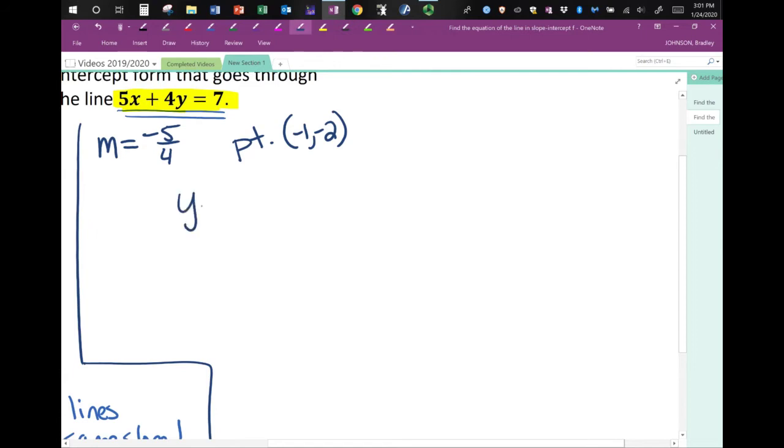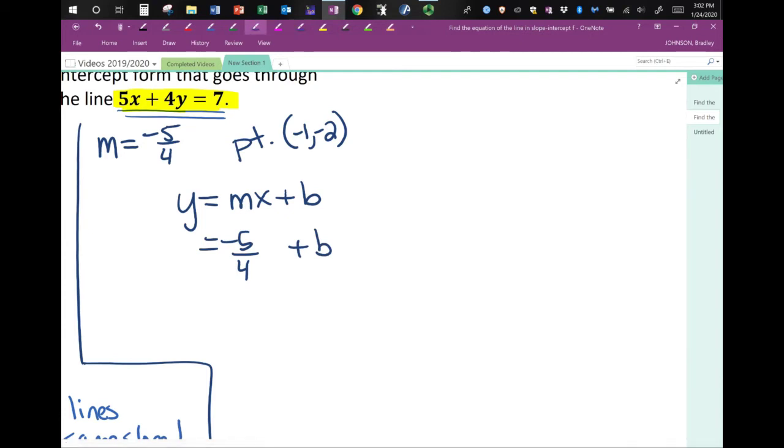What we know is this form, y = mx + b. Do we know the y-coordinate of the y-intercept, the b? No, we do not. And do we know the slope? We do know the slope, so I'm going to rewrite the slope into here, -5/4. But we just stated we do not know the b.